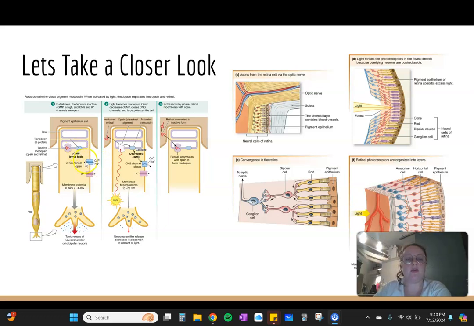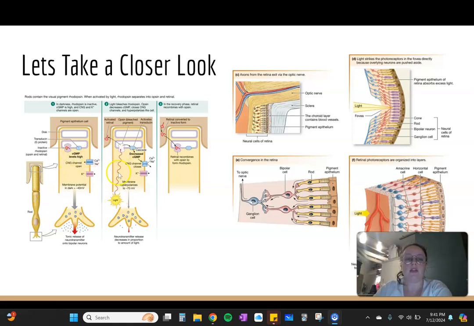And so we have calcium and sodium with a high influx into the cell and potassium with a low efflux out of the cell. So this creates depolarization. And with that, this causes glutamate neurotransmitters to release, causing a feedback loop. So no action potential is created.